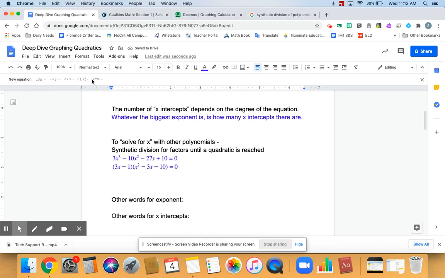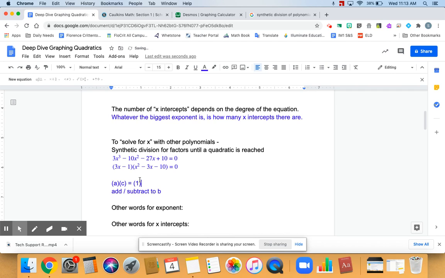To factor it, I need things that multiply to a times c, then add or subtract to b. So a times c right now is 1 times negative 10, which is negative 10.